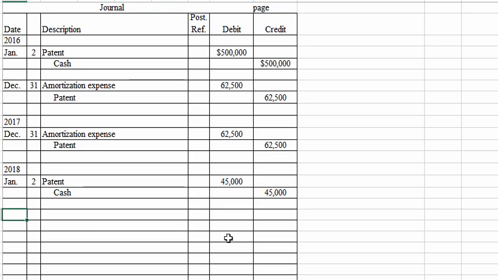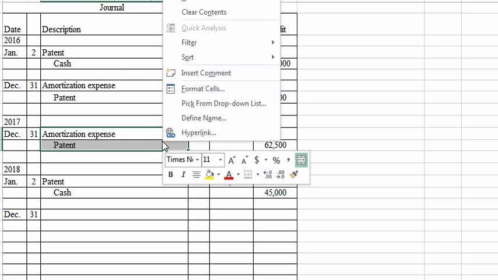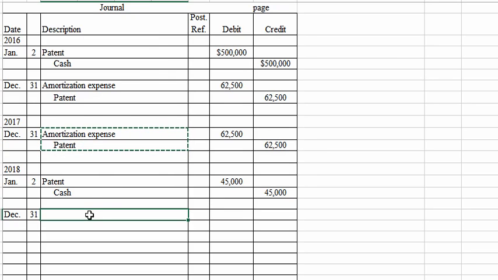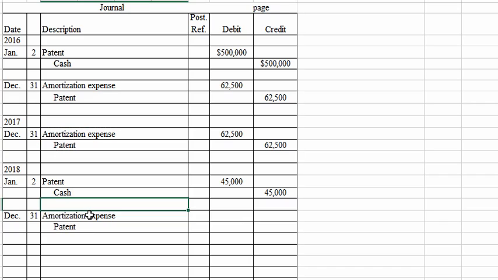Now, at the end of December 2018, we want to amortize the patent again. So our debit is going to be the amortization expense and credit to patent. We know that much. We just don't know how much yet. So what are we doing here?